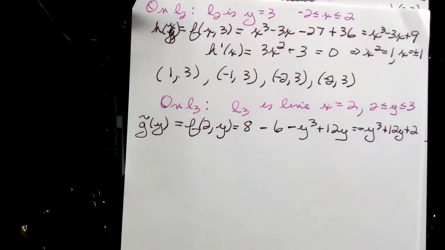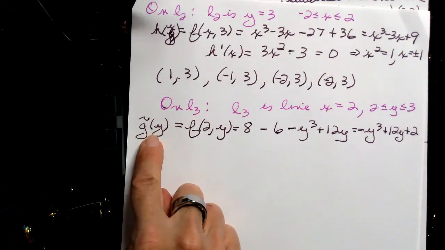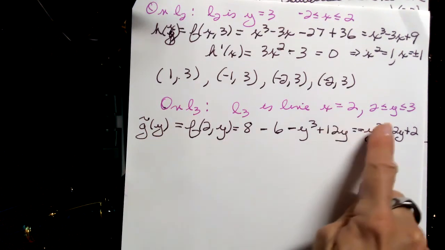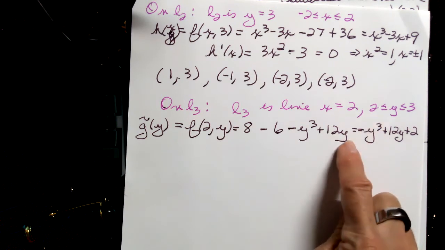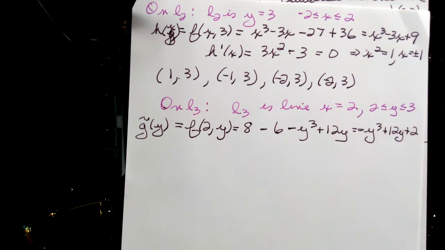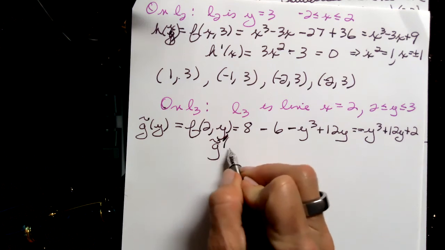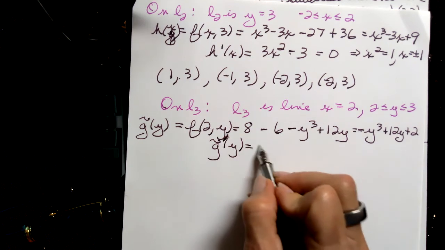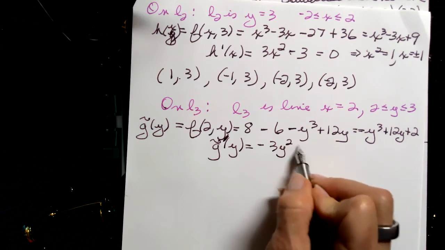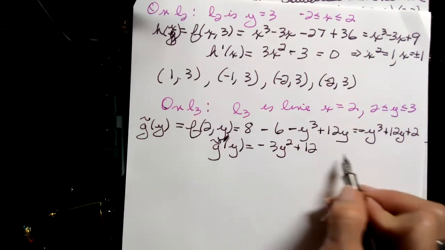We need to find the maximum and the minimum of g tilde of y. The possible places that could happen are at critical points or at the endpoints. Let's find the critical points. So g tilde prime of y is minus 3y squared plus 12 plus 0.